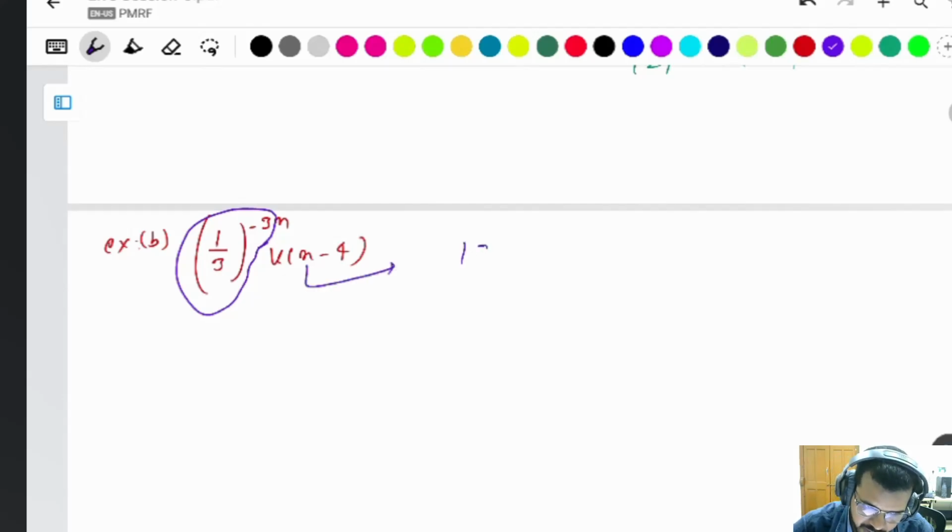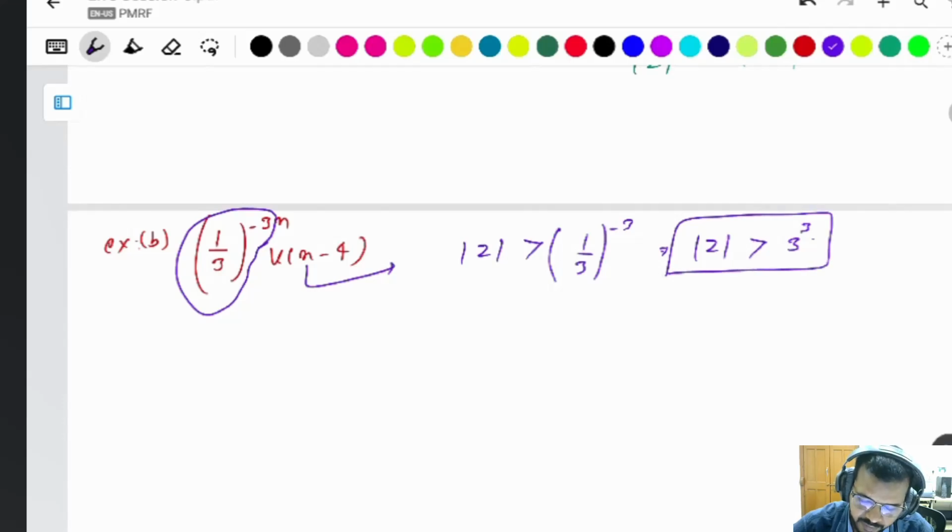Then we have to take z should be greater than 1 by 3 to power of minus 3. I think z should be greater than 3 to power 3, because alpha here is 1 by 3 to power of minus 3.